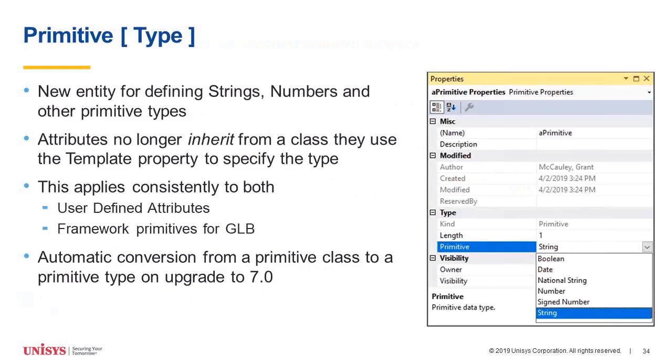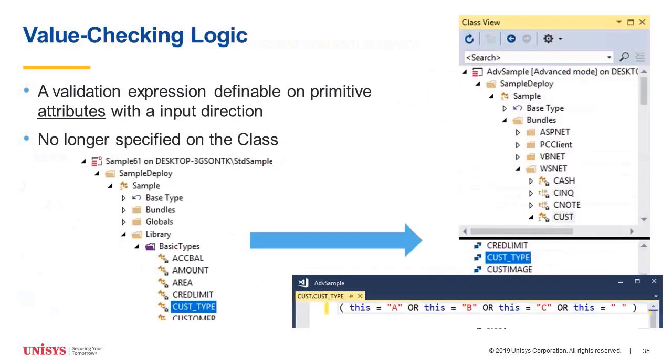As with all the features that we talk about here, as a model is imported and upgraded to 7.0, all of these conversions, this internal structure, is handled for you so that it is a transparent upgrade, and now you can take advantage of these features as you go forward.